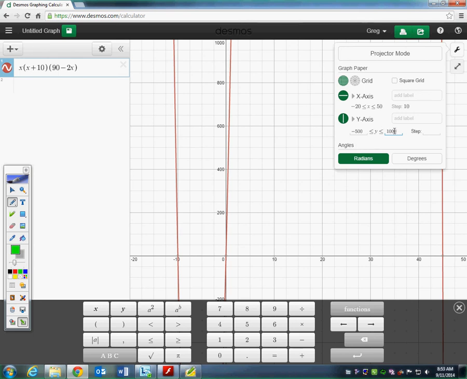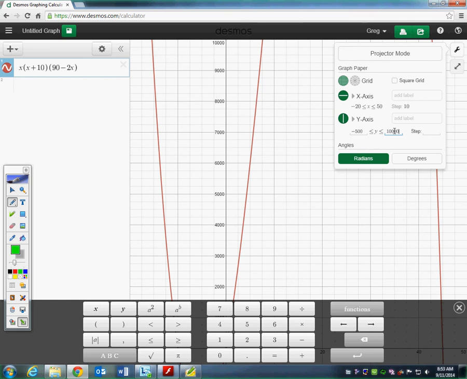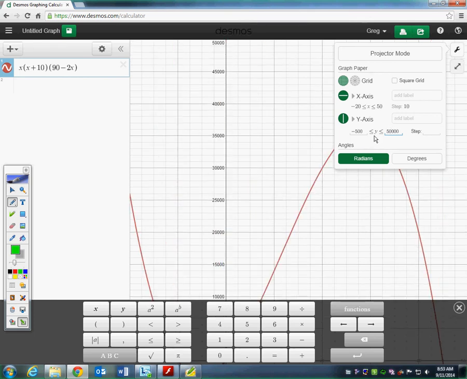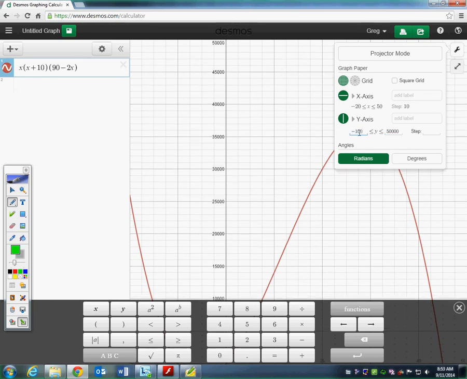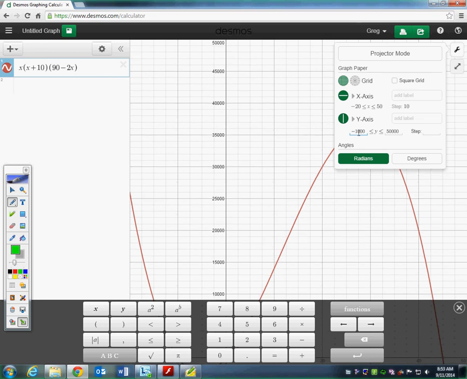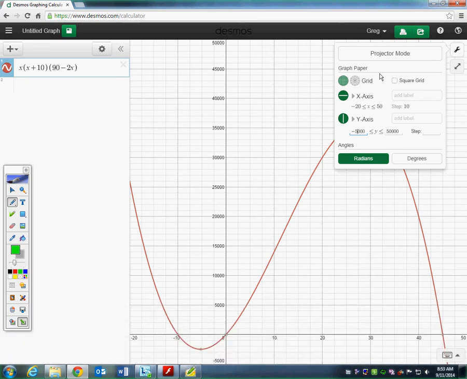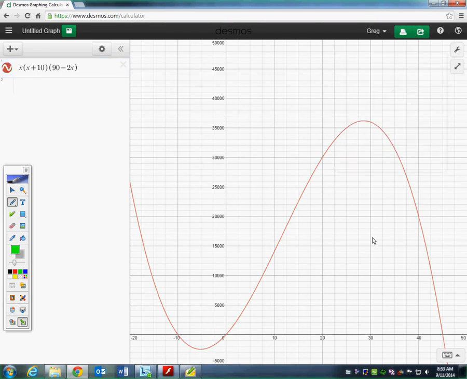Maybe I'll make it up to, what if I go 10,000? Still, what if I say up to 50,000? Oh, there we go. That works a little bit better. And instead of minus 500, I think I might want to go minus 1,000. Oh, maybe 5,000. And now if I remove this, oh, okay, that's looking pretty good. So, and I'm going to click off to the side to get this. All right, so with a little bit of work, I got my scale about right.